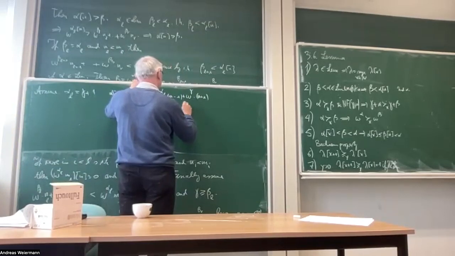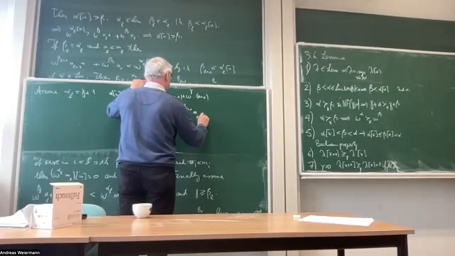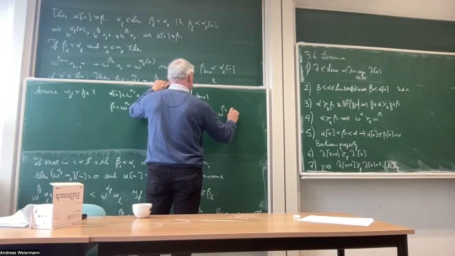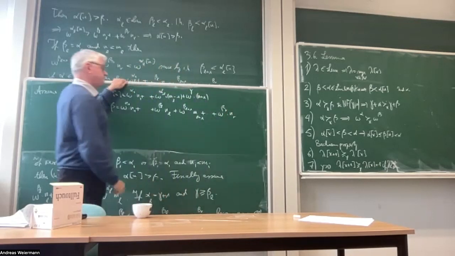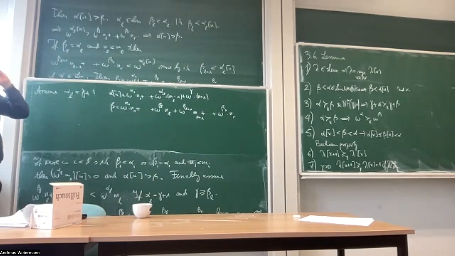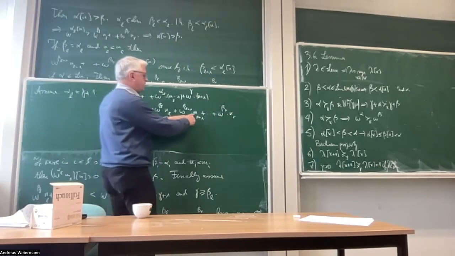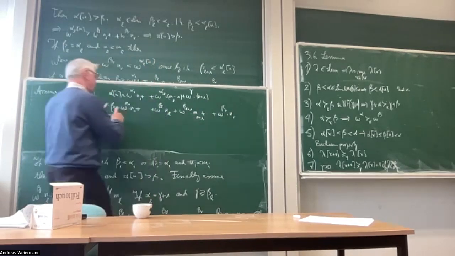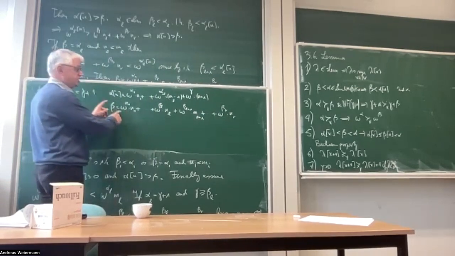If omega to the beta L plus 1 times M L plus 1, omega to the beta R times N. Right? Now the magic comes. M L plus 1 is an element of the maximum coefficient of beta.